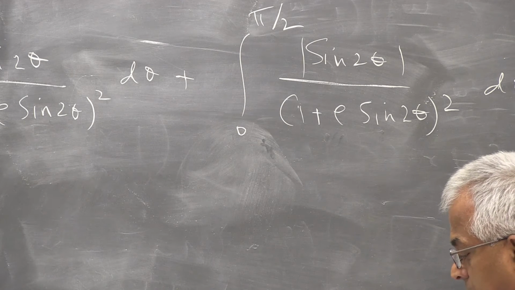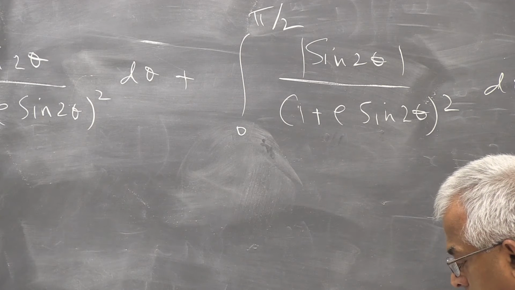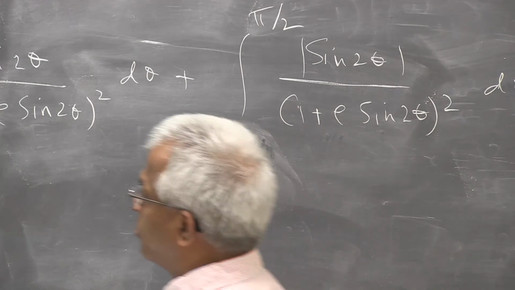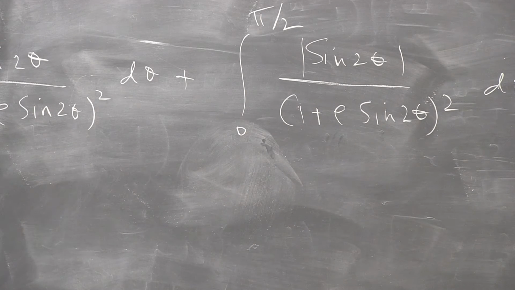Now each integral needs to be, so you can combine those two integrals. Let me write one more step. So this is sigma squared 1 minus rho squared to the 3 by 2 over pi.